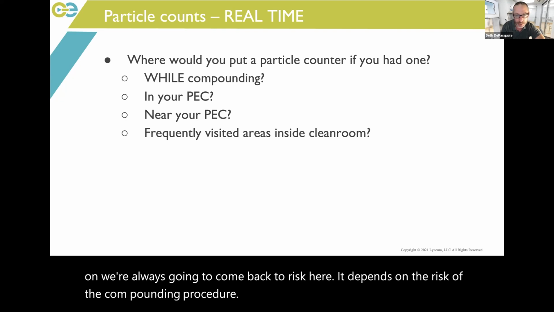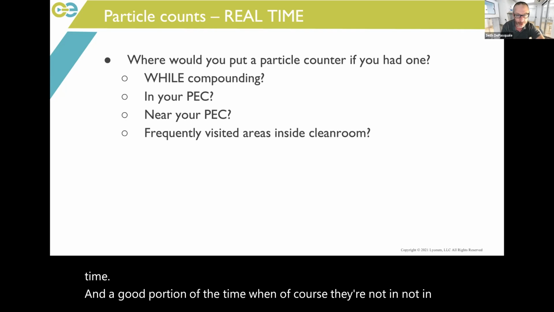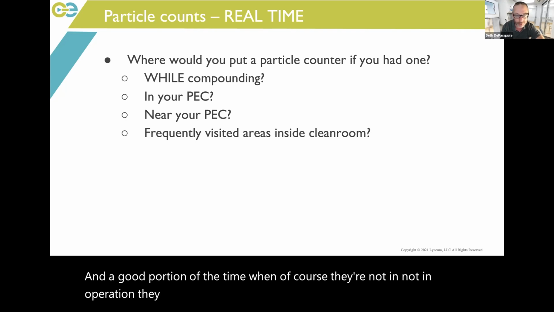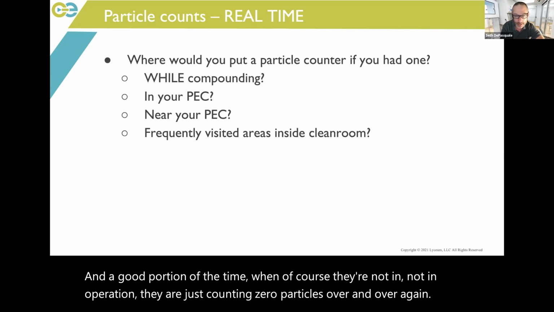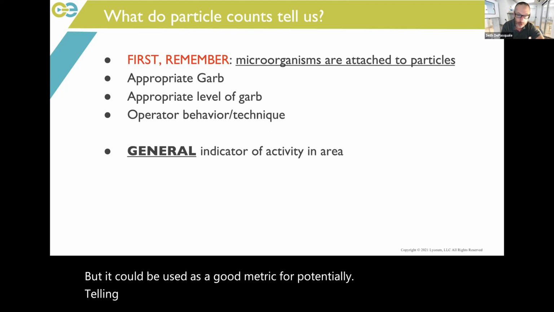Typically in GMP environments, they will have these just running all the time. And a good portion of the time, when they're not in operation, they are just counting 0 particles over and over again. But it could be used as a good metric for potentially telling us when to do viable samples.